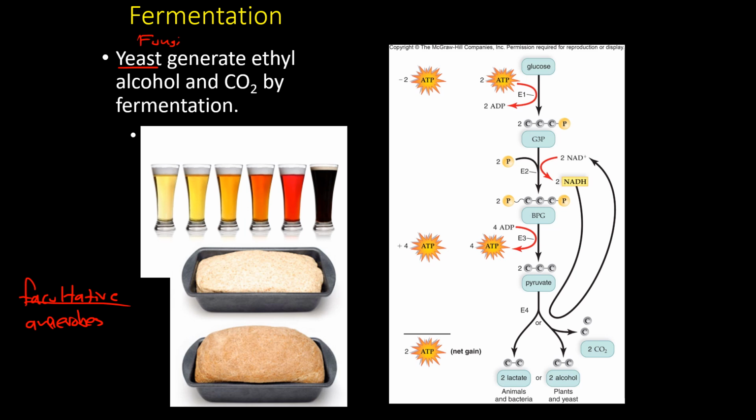They're facultative anaerobes, which means that under normal circumstances, in the presence of oxygen, they can go through oxidative phosphorylation and do everything that we do. However, in the absence of oxygen, they can produce ATP for very long periods of time under anaerobic conditions. So that concept of facultative means they can do both. They can do aerobic and anaerobic respiration.